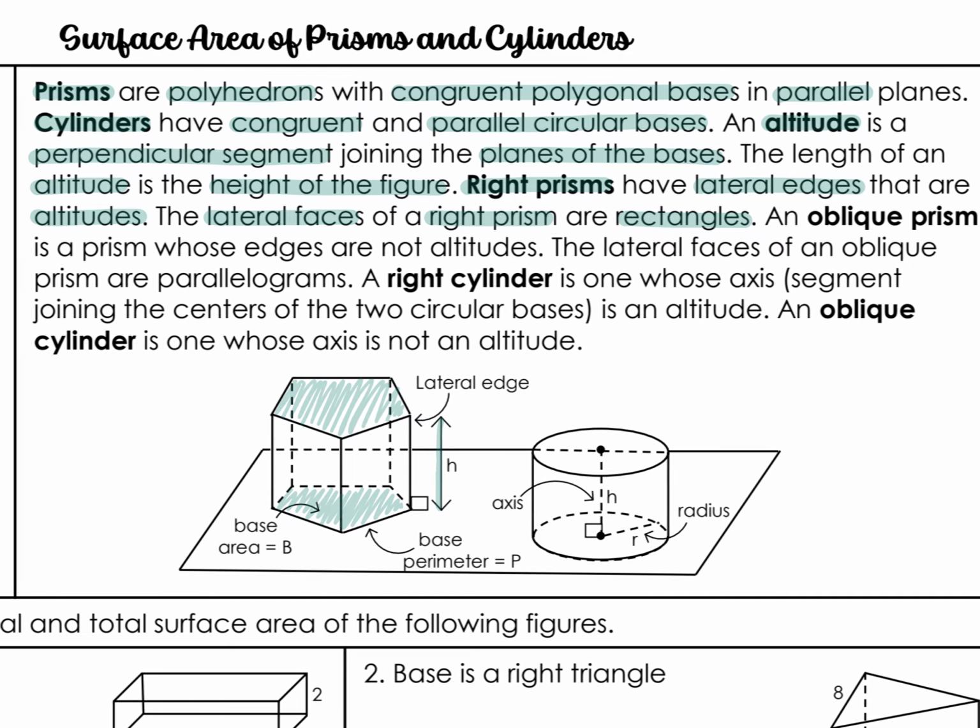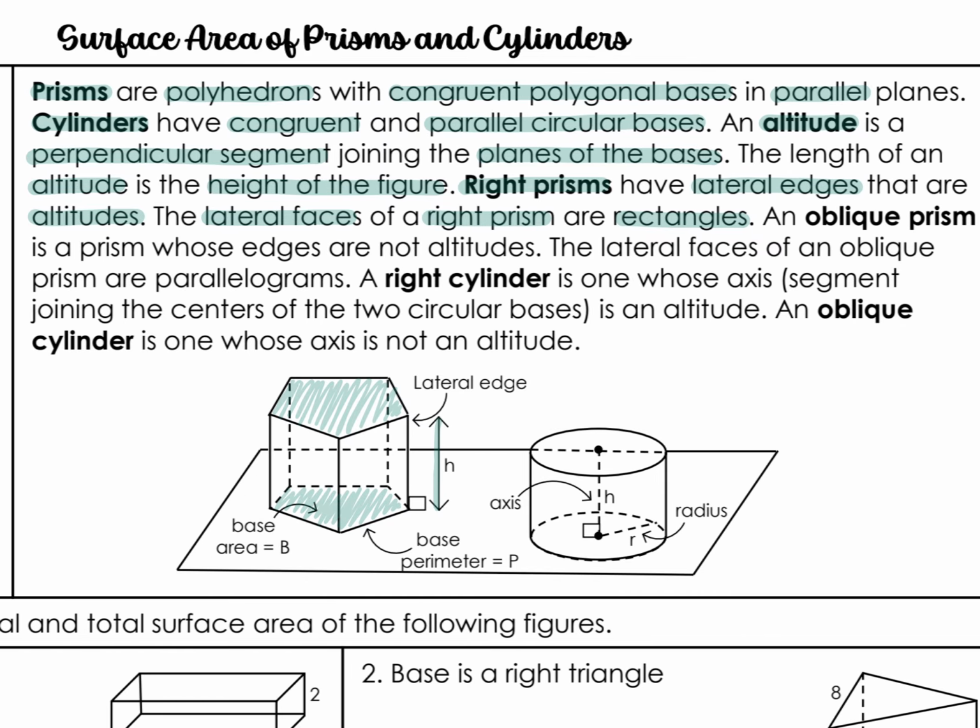Okay, moving on, we have an oblique prism. An oblique prism is going to be a prism whose edges are not altitudes. The lateral faces of your oblique prism are actually going to be parallelograms.